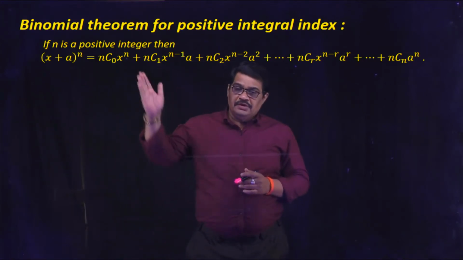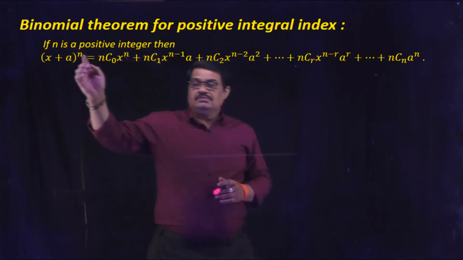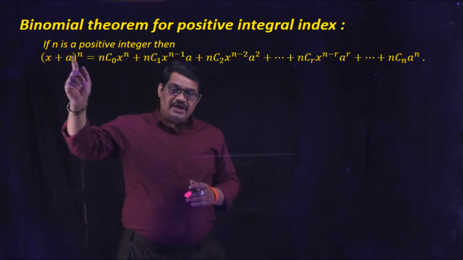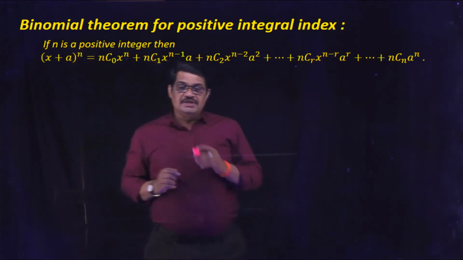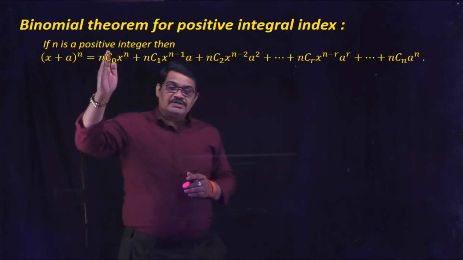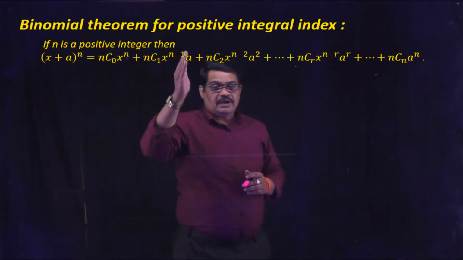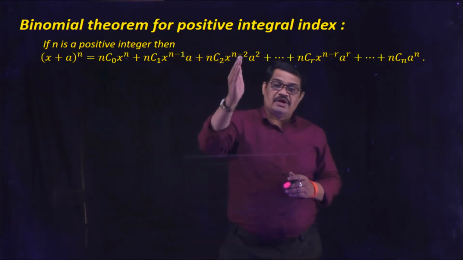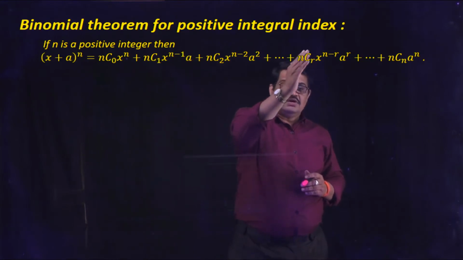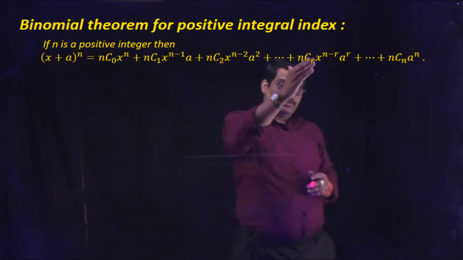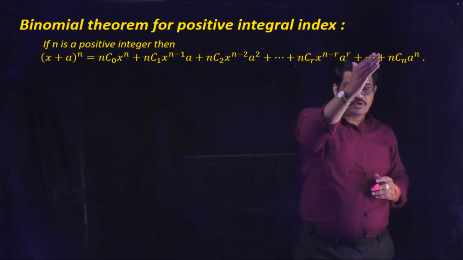If n is a positive integer, then the expansion of (x + a)^n is nC0 x^n + nC1 x^(n-1) a + nC2 x^(n-2) a^2 + and so on, nCr x^(n-r) a^r, and so on, nCn a^n.